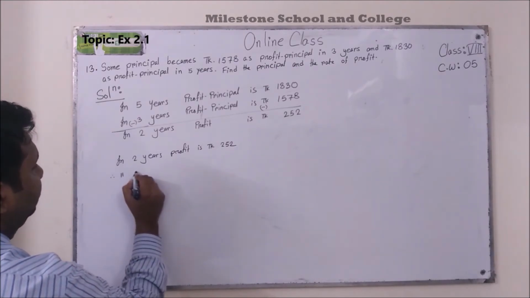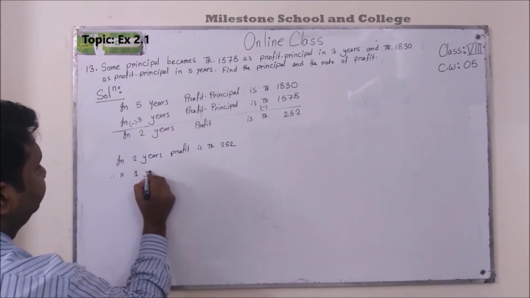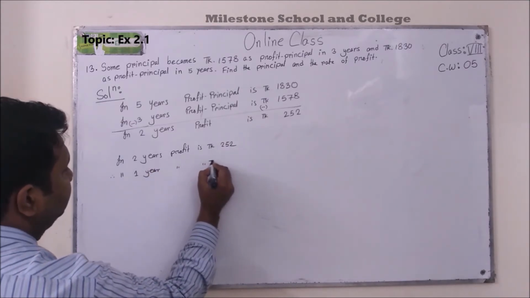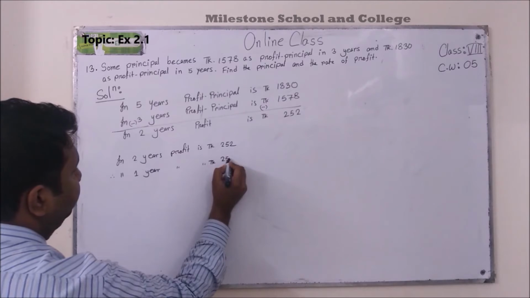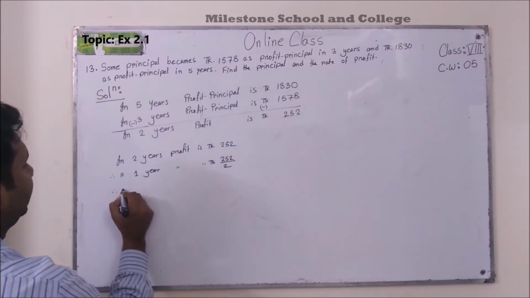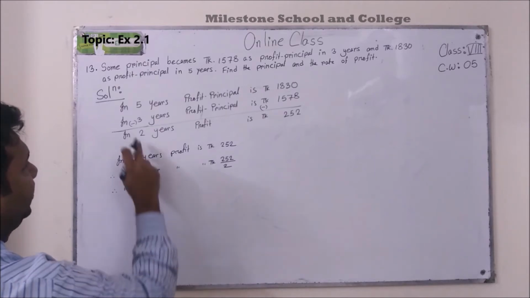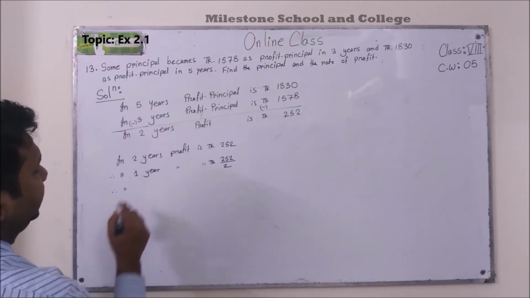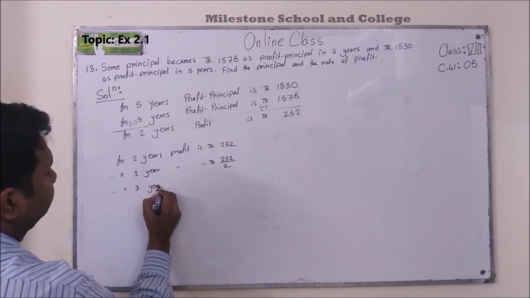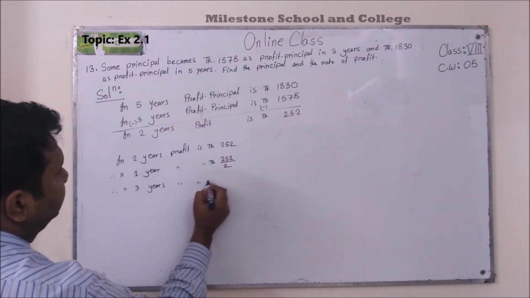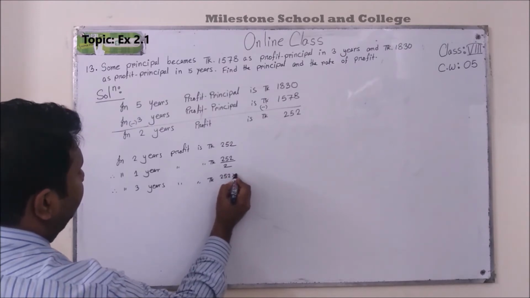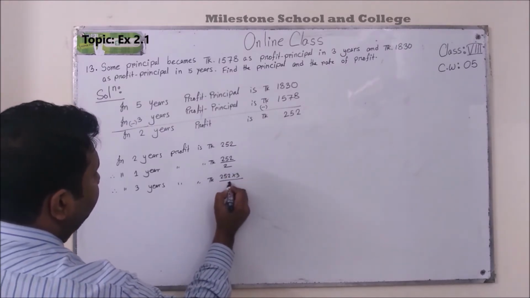In 1 year, profit is taka 252 by 2. In how many years are we going to find out? 3 years. So in 3 years, profit is taka 252 into 3 by 2.